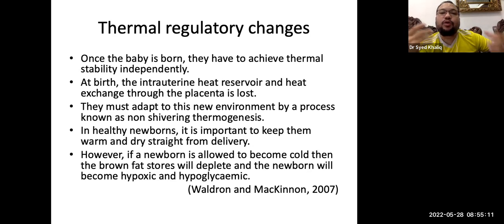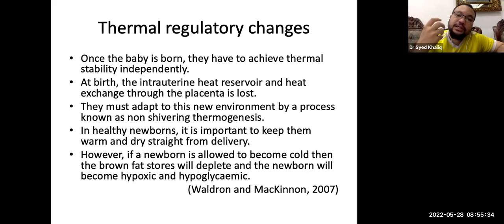When it's hot, our body will do things to reduce the temperature. We sweat, and so on. But newborn babies cannot regulate their own body temperature. It's very difficult for them.